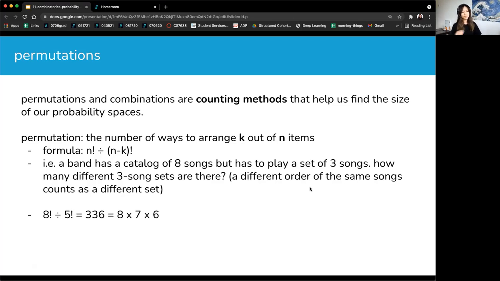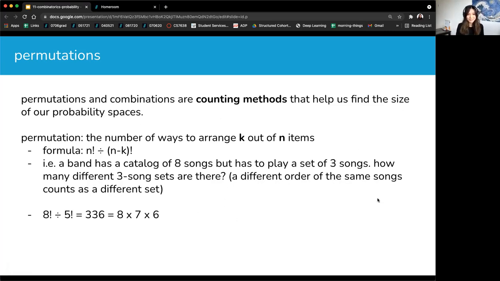How many different 3-song sets are there? A different order of the same songs counts as a different set. So let's say they have songs A, B, C, D, E, F, G, H, 8 songs. They can play ABC, they can play DEF. ABC is different from BAC in a permutation.